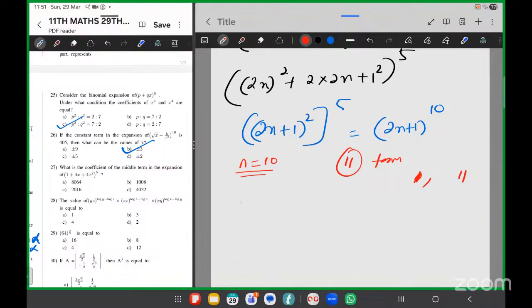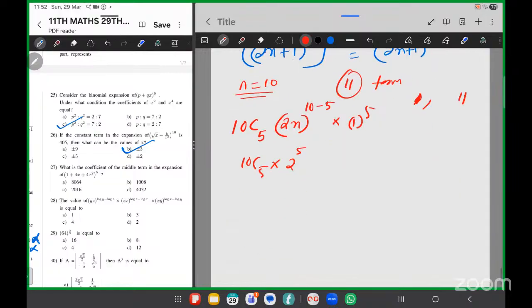So you can consider 10C5 (2x) raised to 10 minus 5 into 1 raised to 5. So 10C5 into 2 raised to 5. That is 10 into 9 into 8 into 7 into 6 divided by 5 into 4 into 3 into 2 into 1, into 2 raised to 5.